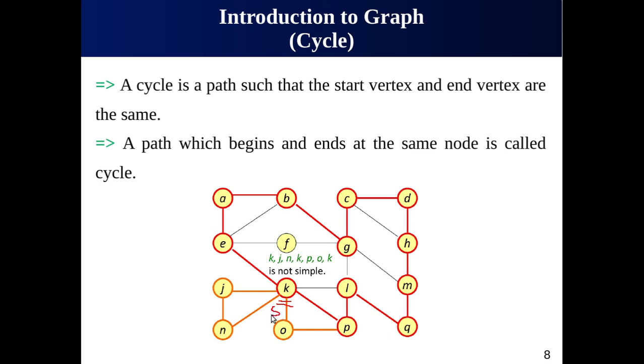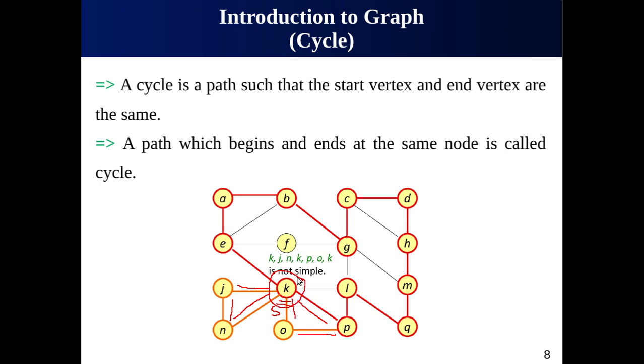From here, let's suppose we move toward J, then toward K, then toward N, and from here back to K. Then from here, we move to P, and then to O, and then back to K. So this is a cycle.